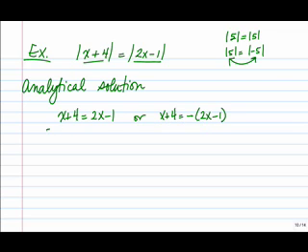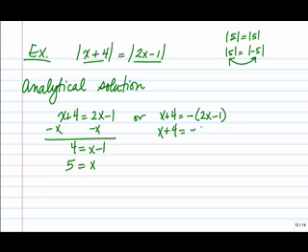So now if we solve this, we just solve a linear equation to get 4 is equal to x minus 1. So one solution is 5. Or we get that x plus 4 is equal to the opposite of 2x minus 1. So if we add 2x to both sides, we would get 3x plus 4 is equal to 1.